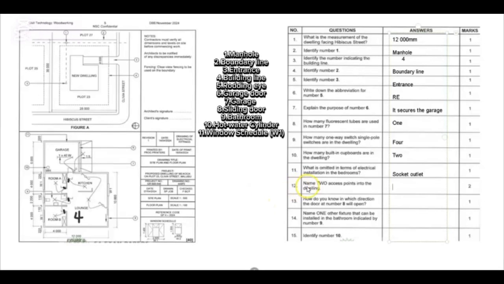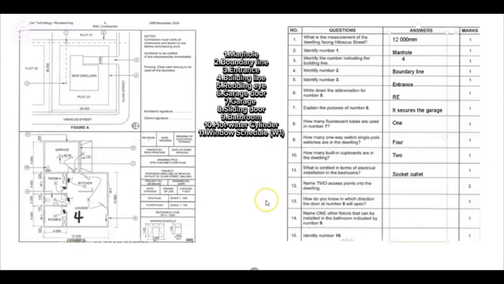12, name 2 access points into the dwelling. From the drawing, the 2 access points are the first one, the garage door at number 6, and the sliding door or the main door at number 8. So we can write our answers now.